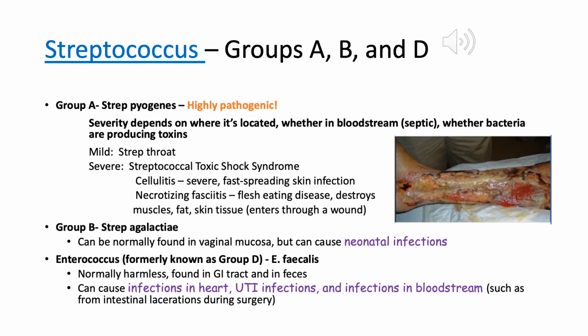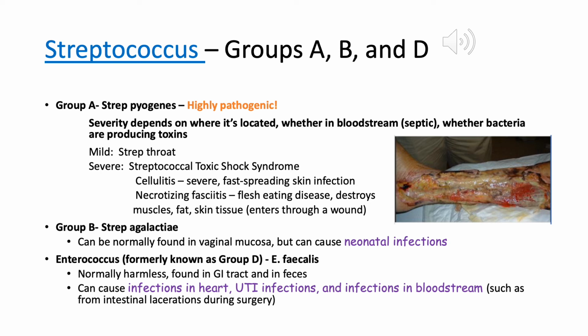So if you thought the staph pictures were bad, now take a look at what strep can do. Particularly Strep pyogenes, which is a highly pathogenic bacteria in group A of Streptococcus. But its severity depends on where it's located, whether it's in the bloodstream, being septic, and whether the bacteria are producing toxins or not. So it can be mild. It can be as mild as a strep throat, or it can be very severe.